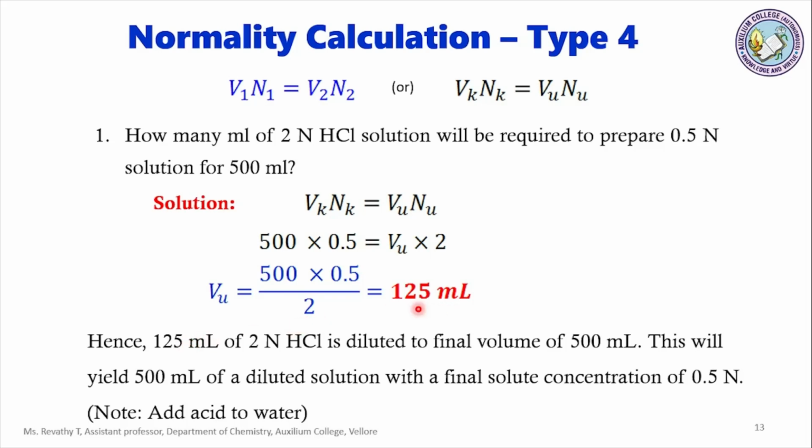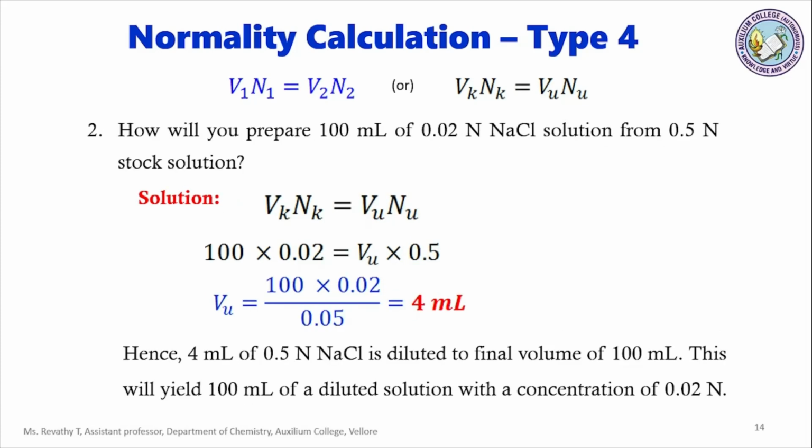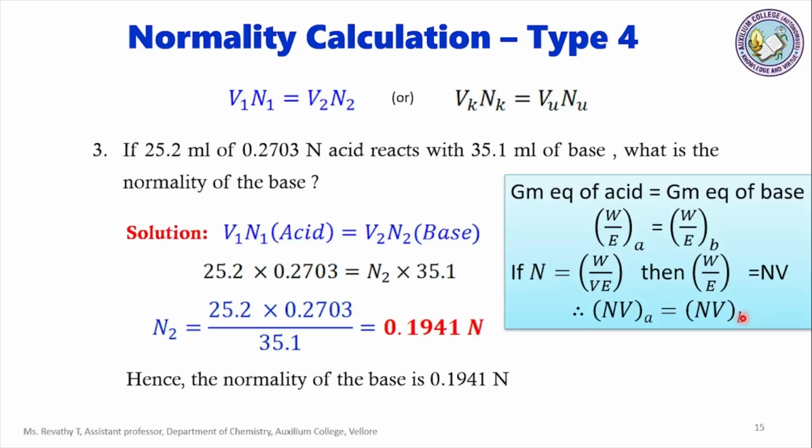So from this, we conclude that 125 ml of solute needs to be taken to prepare 500 ml of 0.5 N HCl. Remember, you should always add acid to water and that too along the sides of the container. You can pause the video and solve this question.